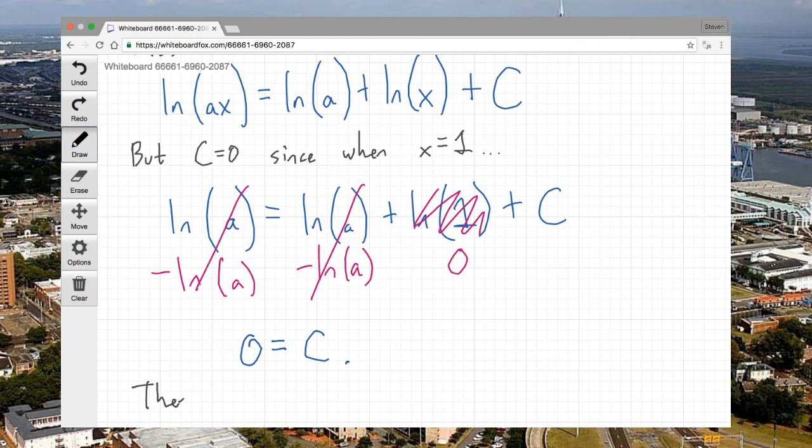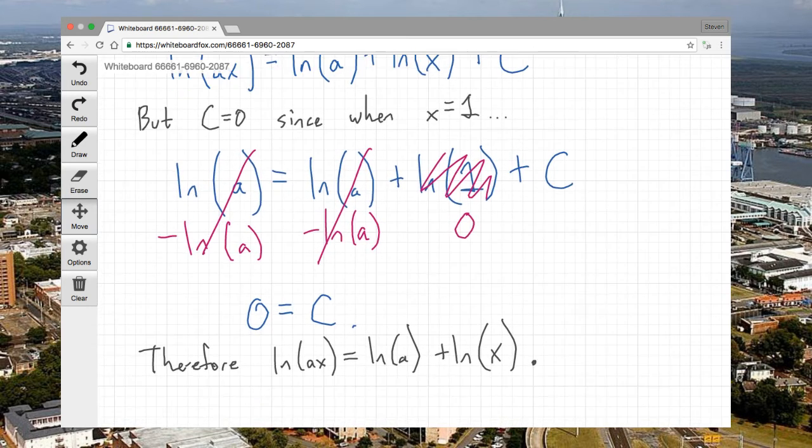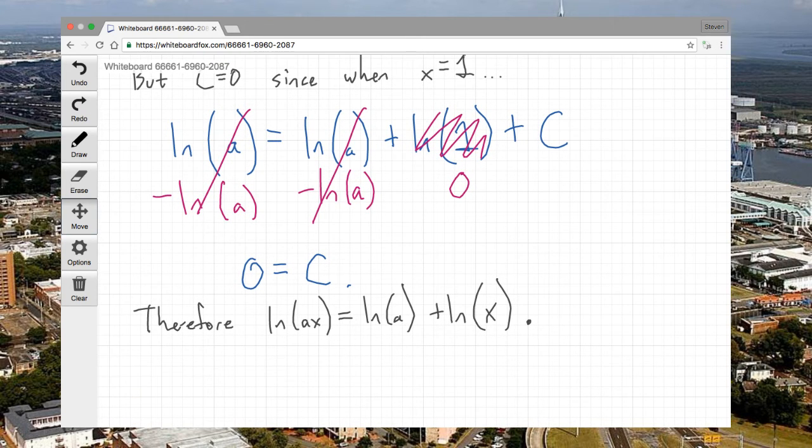Therefore, natural log of ax equals natural log of a plus natural log of x. And that solves it. I've proven that property of logarithms for the natural logarithm.